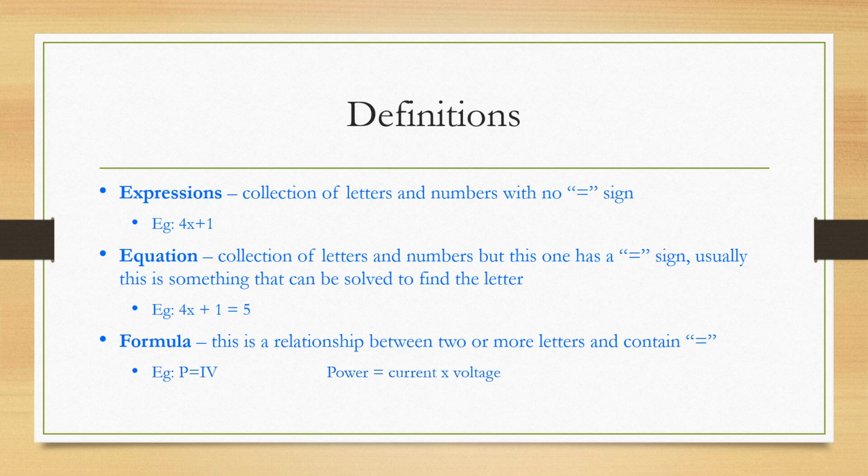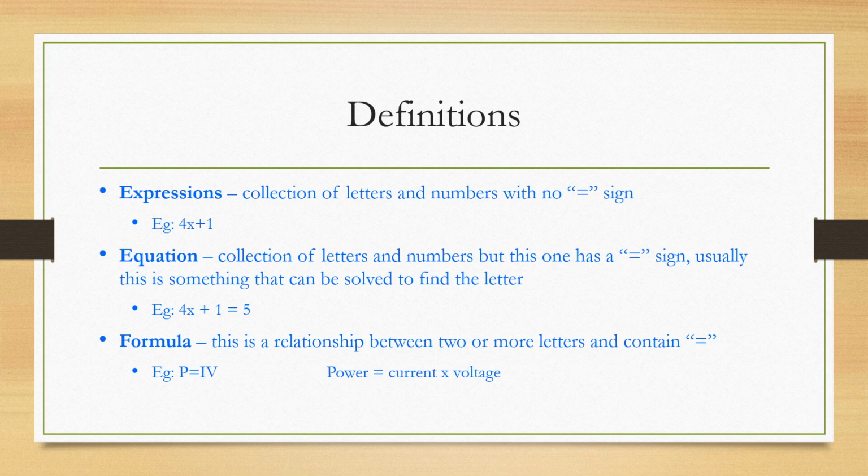So generally speaking, equation and formula both mean pretty much the same thing. But the only difference is that an equation is actually something to do with the question that you're doing. A formula is something that's more set in stone and it's already there for you to use.